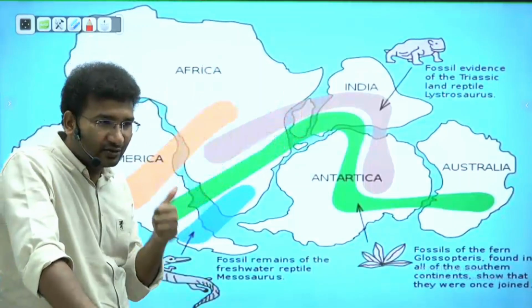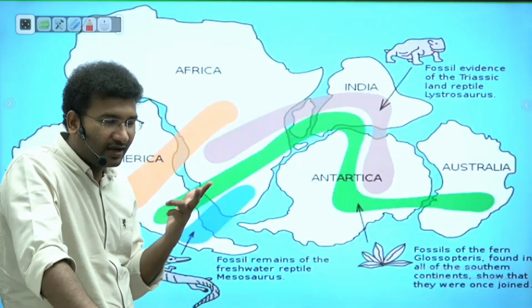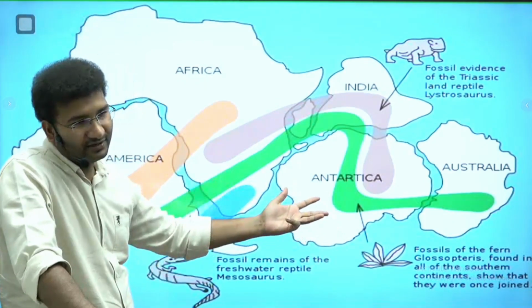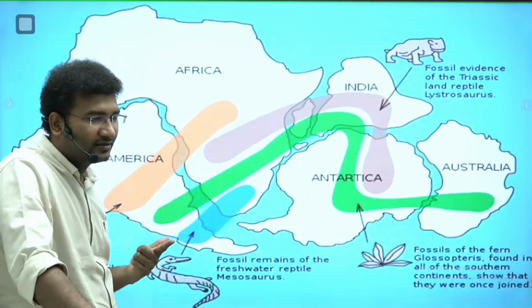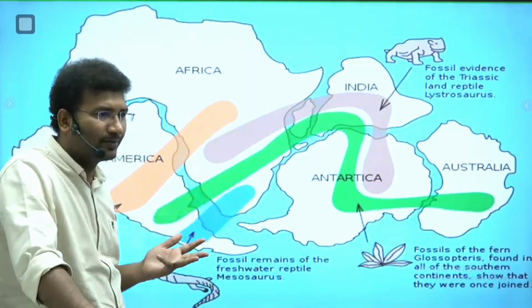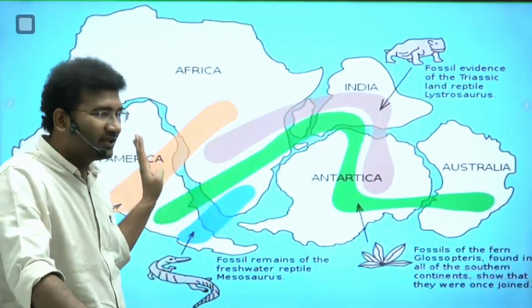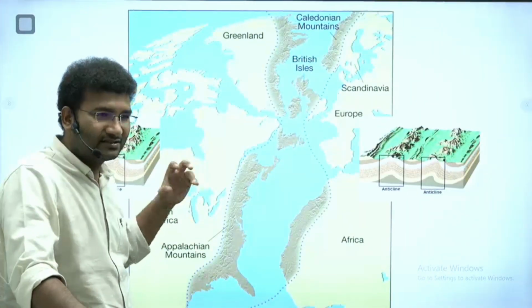Species such as Lystrosaurus, Cynoganthus, Mesosaurus, and Glossopteris. Okay? Please repeat after me. Lystrosaurus, Cynoganthus, Mesosaurus, and Glossopteris. इनमें से 2-3 याद रखो, काम आ जाएगा. Right? First evidence is jigsaw fitting.